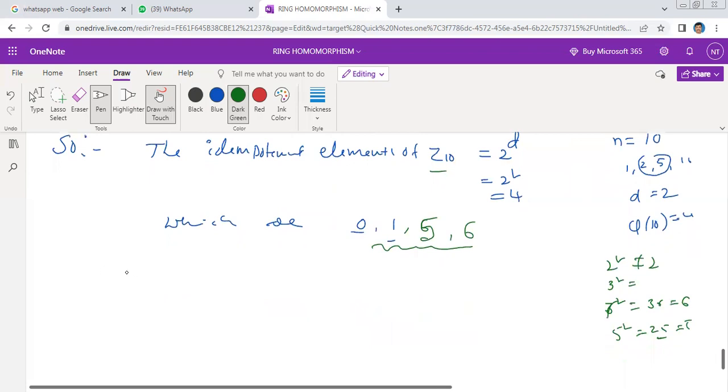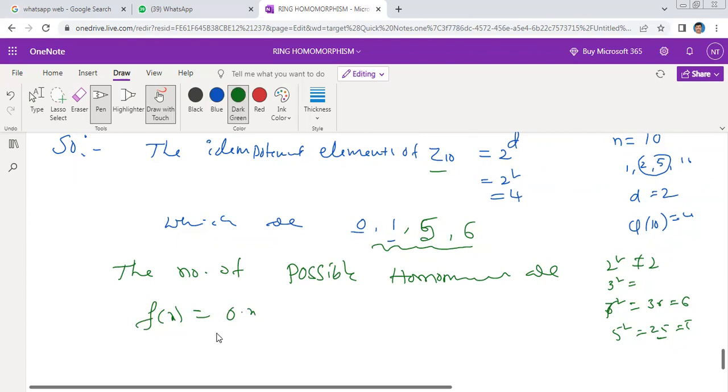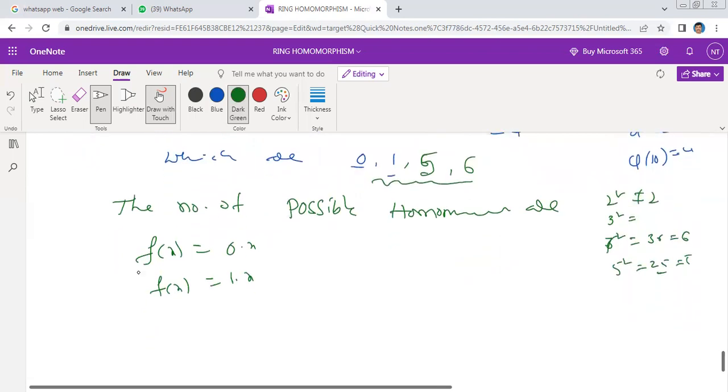Therefore the possible homomorphisms are f of x is equal to 0x, f of x is equal to 1x, f of x is equal to 5x, and f of x is equal to 6x.